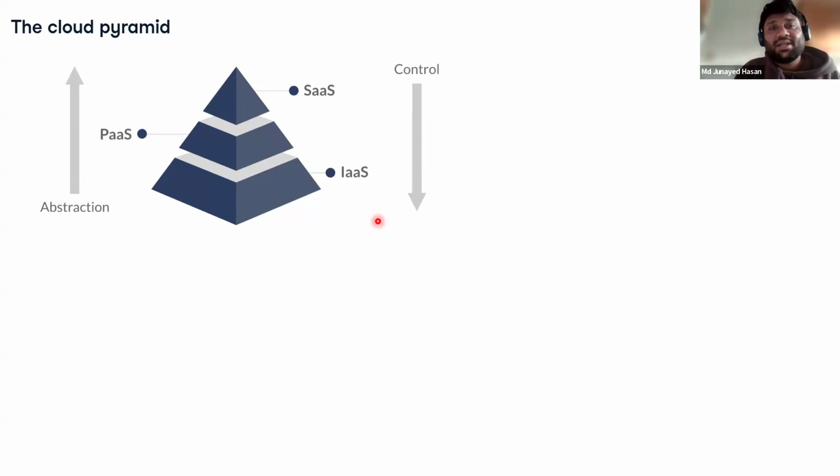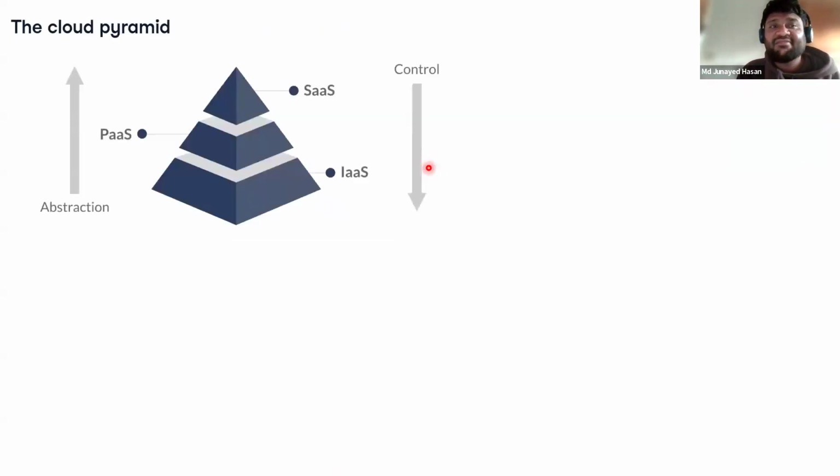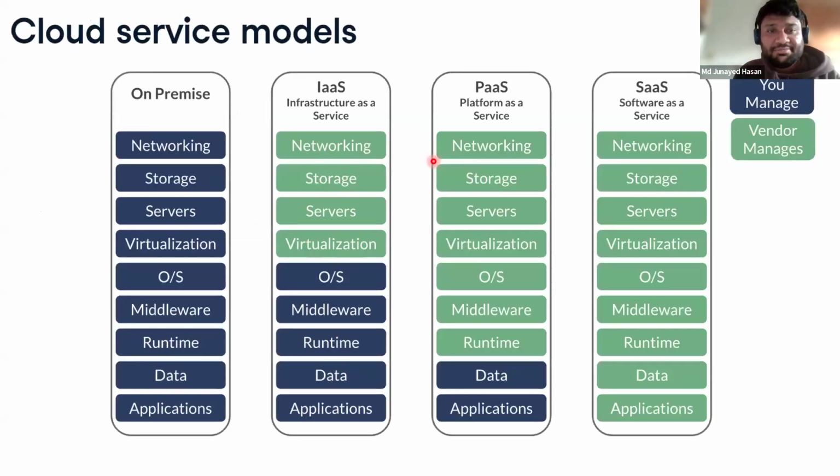But when you have infrastructure as a service, right, you are managing these parts, but the vendor is managing these parts. So in this case, you have certain control over how your things work. Control means you can manage the operating system.